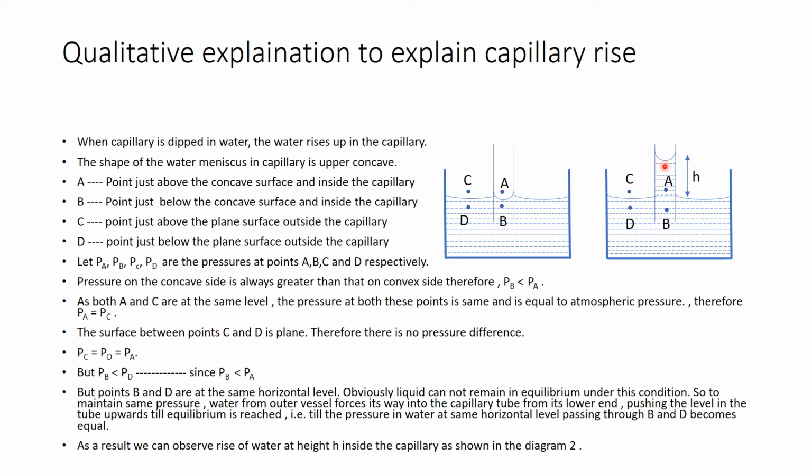That is, till the pressure in the water at same horizontal level, that is at points D and B, will become same. And when this pressure at B and D becomes same, the rising up of the water will stop, right?